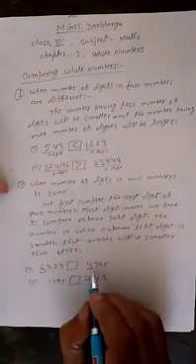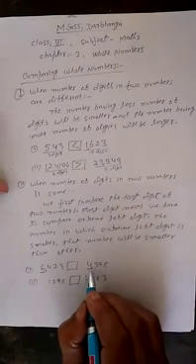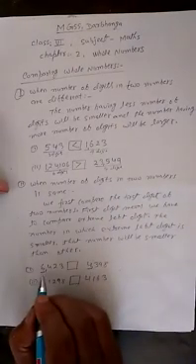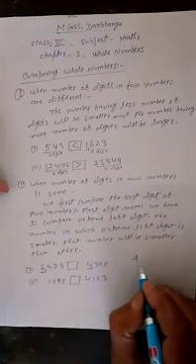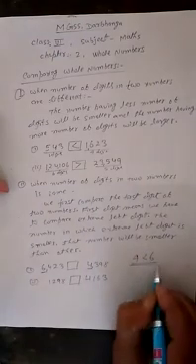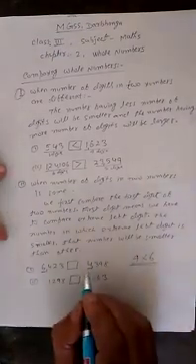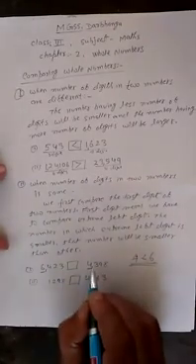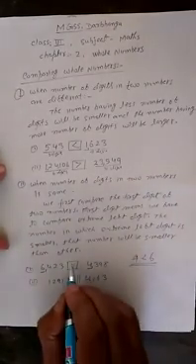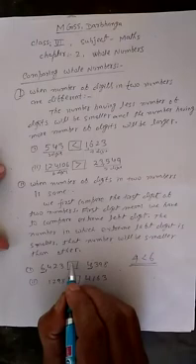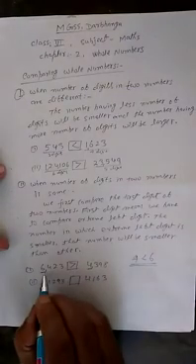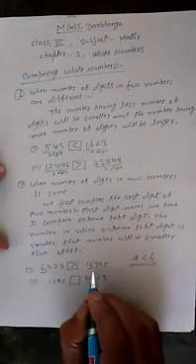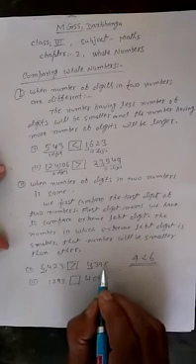Since 4 is smaller than 6, the second number will be smaller than the first number. We shall write here greater: 6,423 is greater than 4,398.